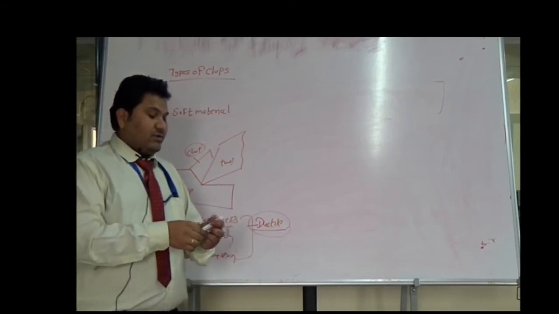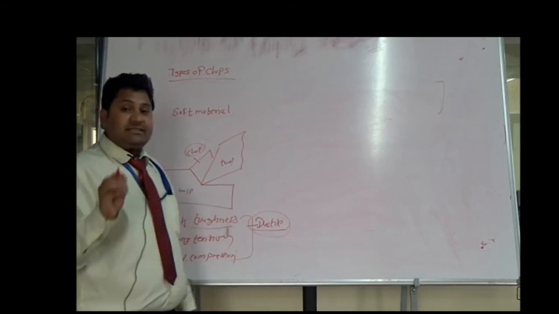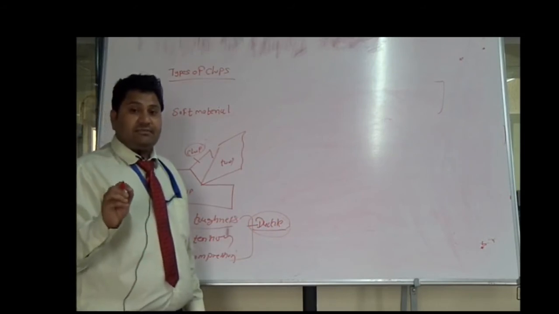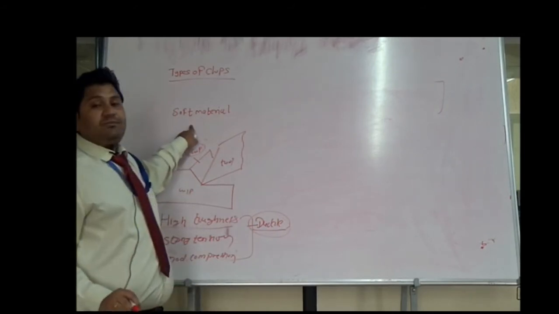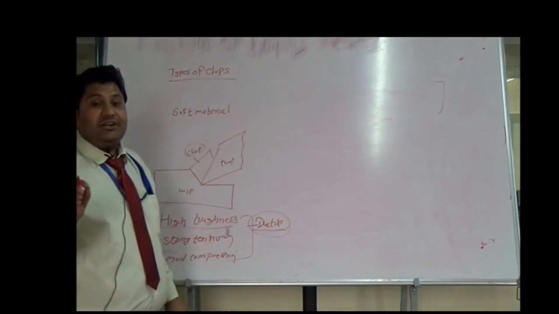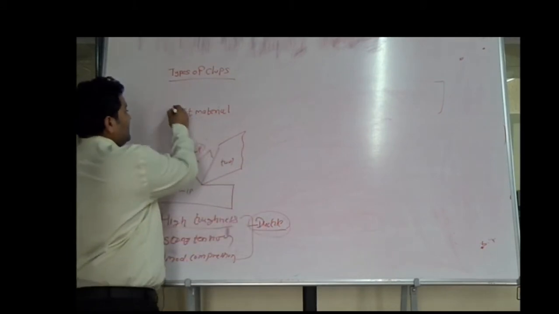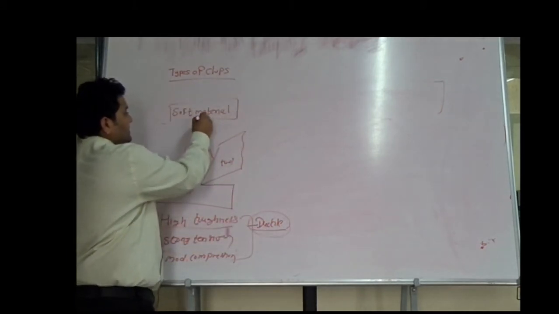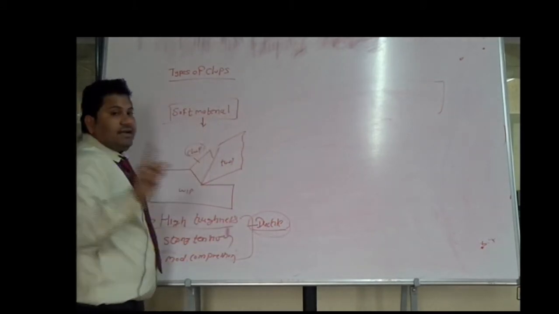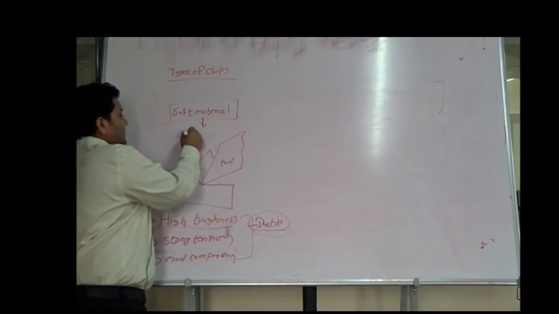So now we assume that in the case of the soft material, you get continuous chips. Which type of chips? You get continuous chips in the case of the soft material. You have to note this.